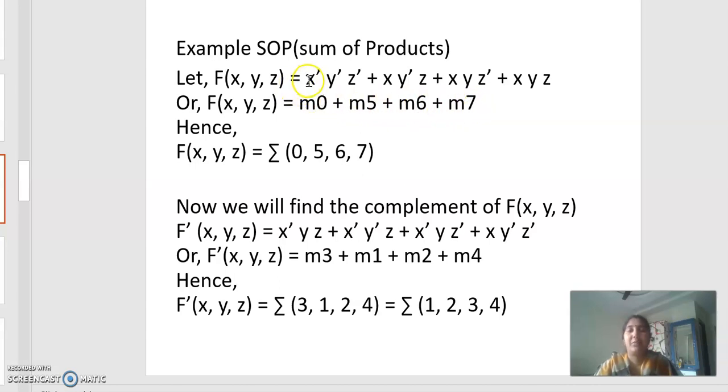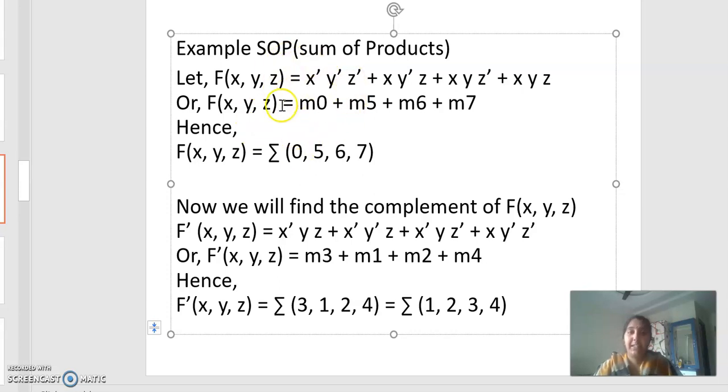Here the expression is in the form of sum of product terms, and in short we refer to it as SOP. Overall, this function can be written as f of x, y, z equals sigma of 0, 5, 6, 7, where these numbers represent the minterms and sigma represents a sum of product terms.